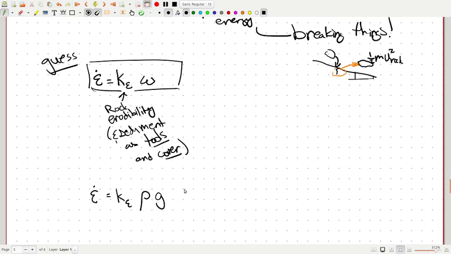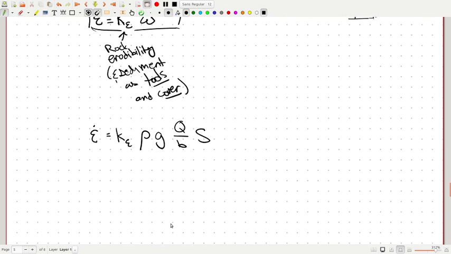So we have rho g q over channel width b, with q discharge, s the slope, rho the density, and g the acceleration due to gravity. So expanding this out into some of its real terms that might mean something in the real world.